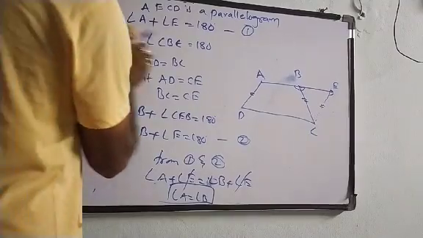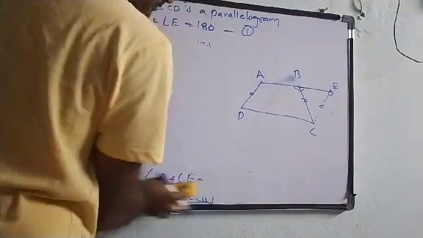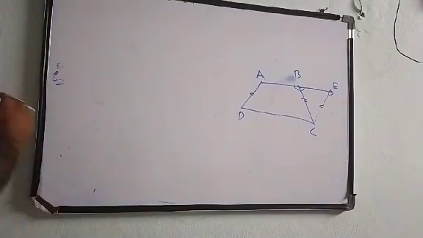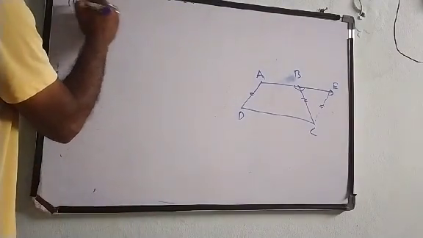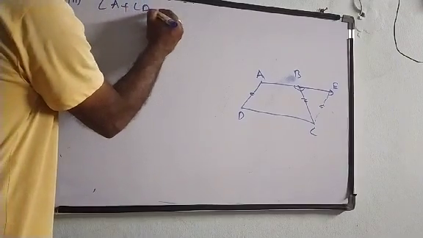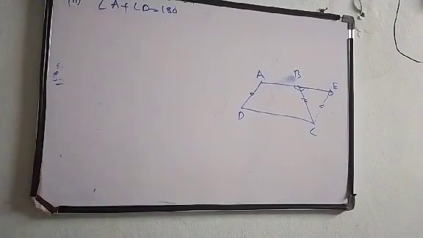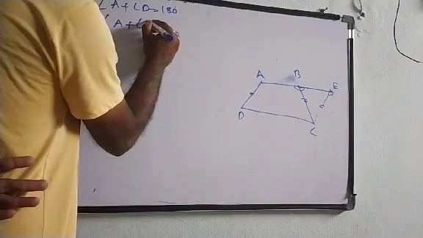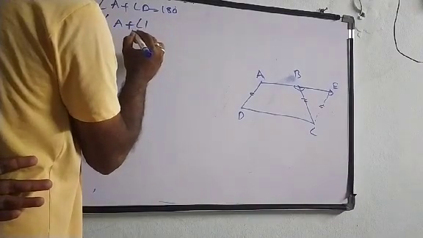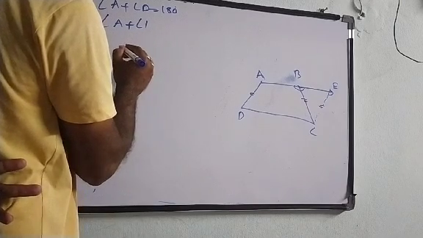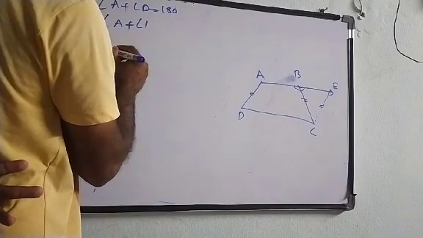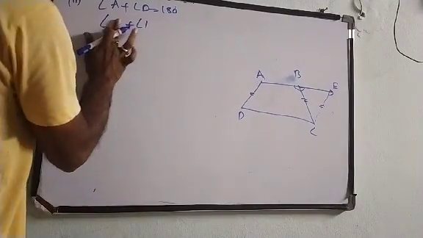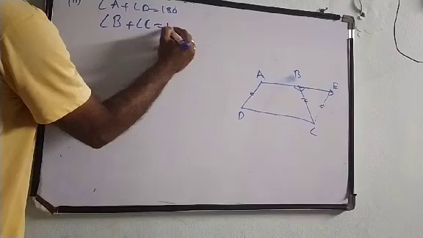Next, in order to prove the second proof, angle A plus angle D is equal to 180 degrees, and so we can write here angle B plus angle C is equal to 180.